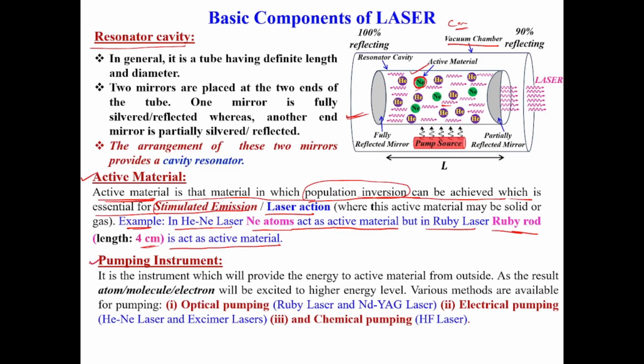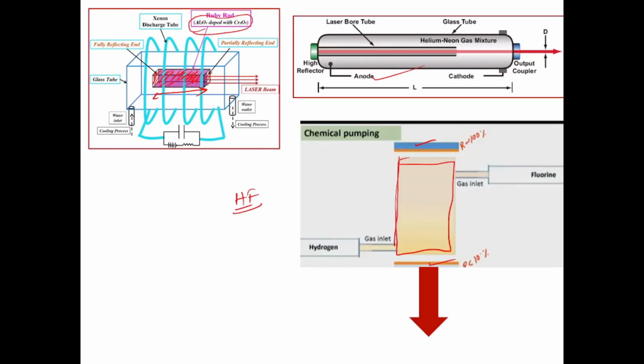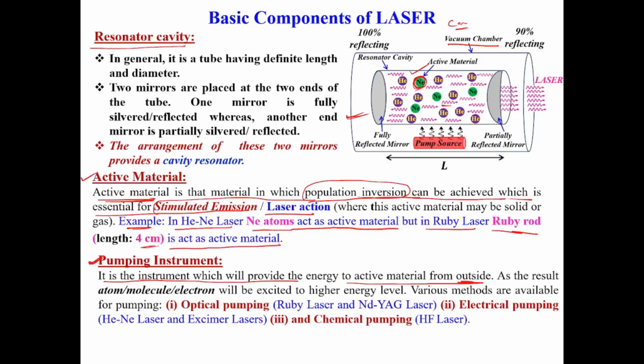Then pumping instrument. It is the instrument which provides energy to the active material from outside. In the case of ruby laser, the ruby rod is the active material. So how are we going to provide energy to the active material so that the atoms will be activated, or moved to the higher energy level?